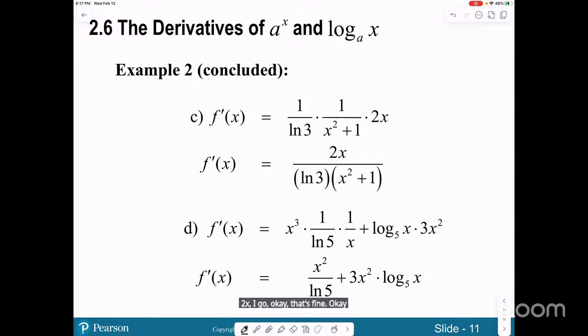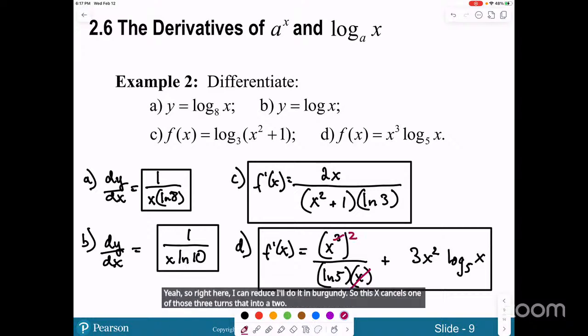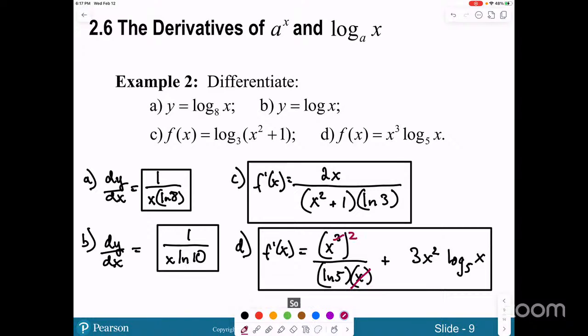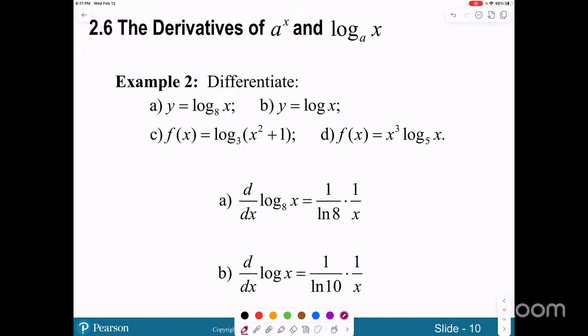Okay, so right here, I can reduce, right? I'll do it in burgundy. So this x cancels one of those 3, turns that into a 2. So aside from that, we got everything else the same. I forgot to simplify at the end. Okay, aside from that, okay.